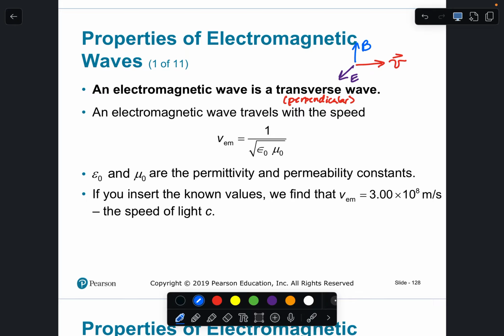Okay, and we'll talk more about those directions, but that's what the meaning of a transverse wave is: its motion is perpendicular to the thing that makes up the wave, which is the E field and the B field vectors, right? Because it's an electromagnetic wave.